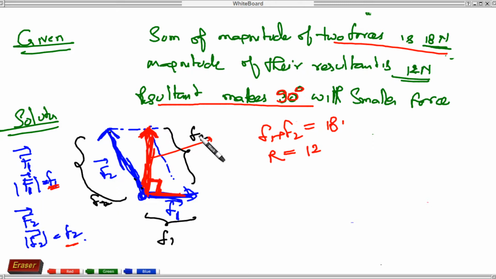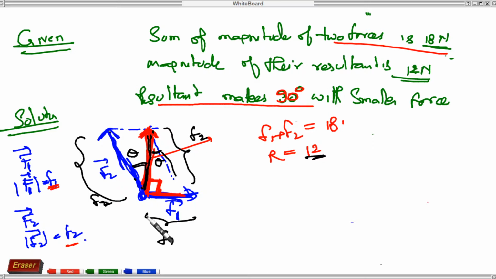And if this angle is theta, this one is also theta. So here the resultant is given: this resultant magnitude is 12.